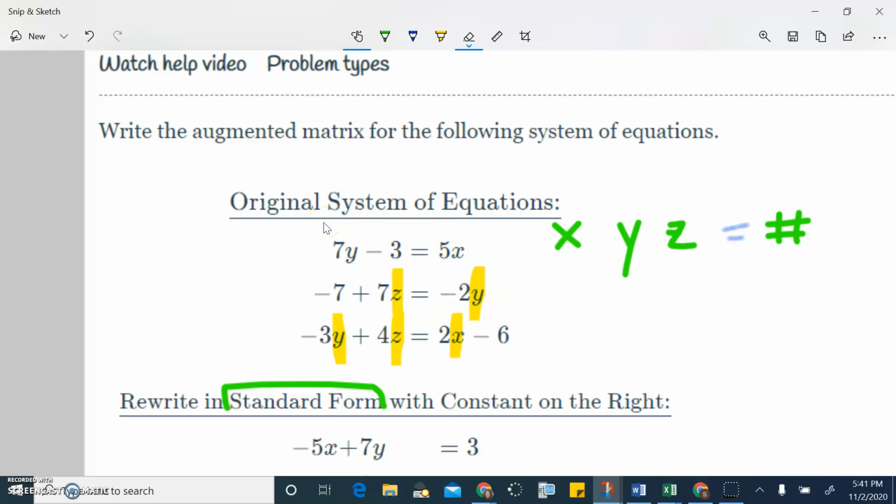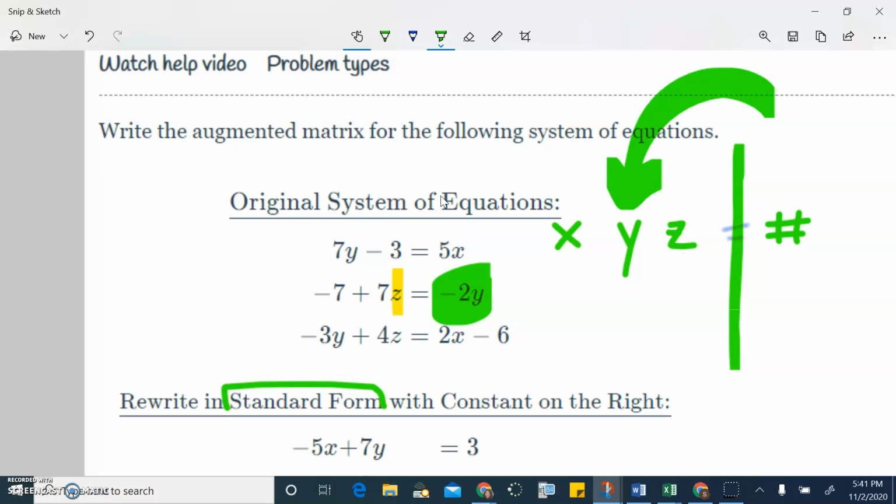Let me look at this next one. Which numbers and letters are on the wrong side? Well, I want my Y on the left. See how my equal sign's right here? I want it over here on the left, and I want my -7 over here on the right. That's just a plain number, there's no letter.